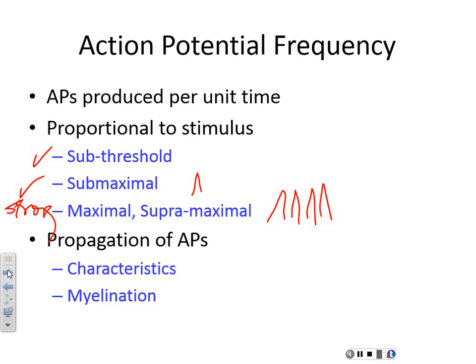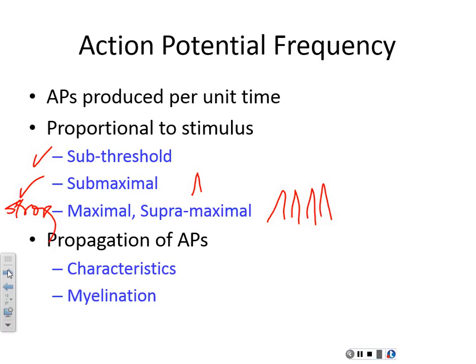The strength of the stimulus is proportional to the membrane potential change. That's what graded means. Graded means the size of the membrane potential change is directly proportional to the size of the stimulus.